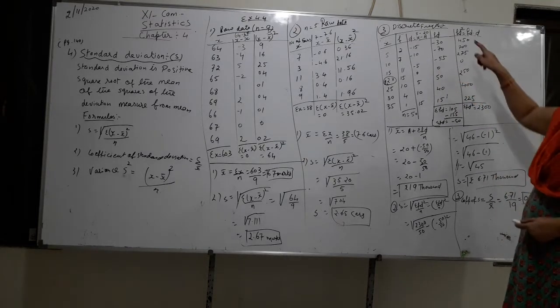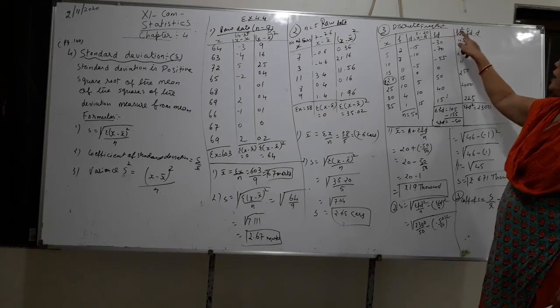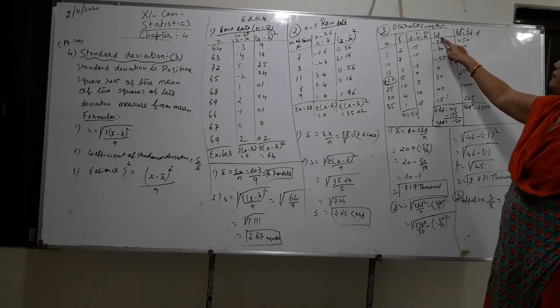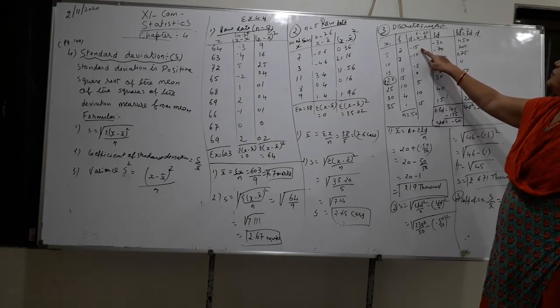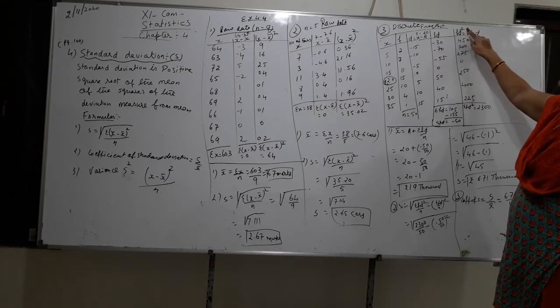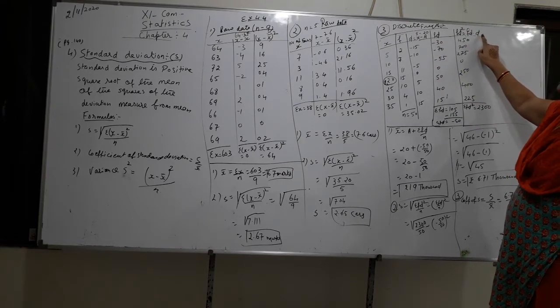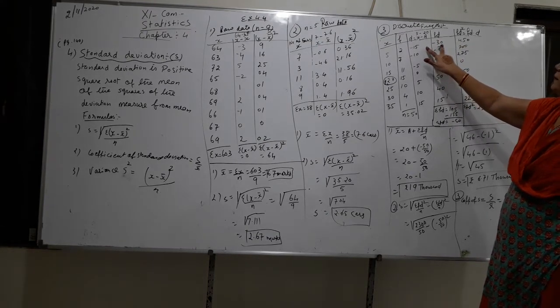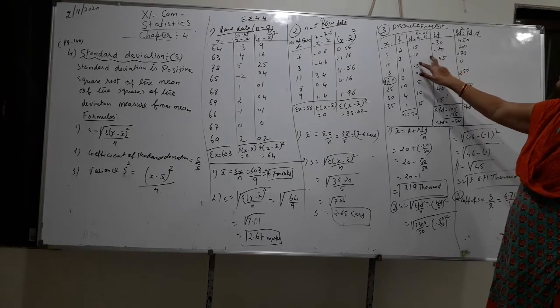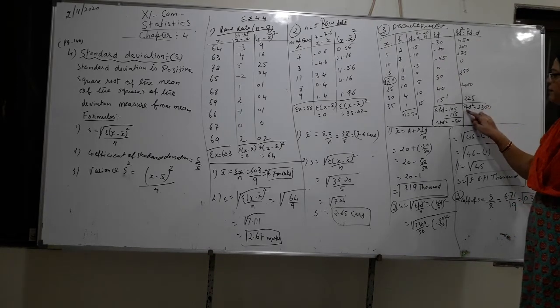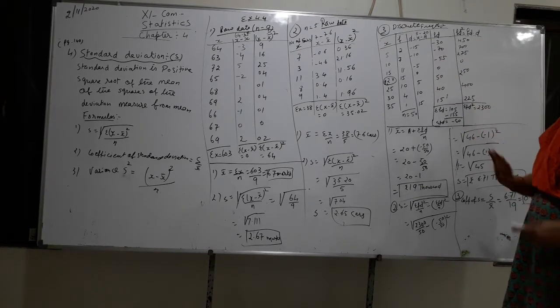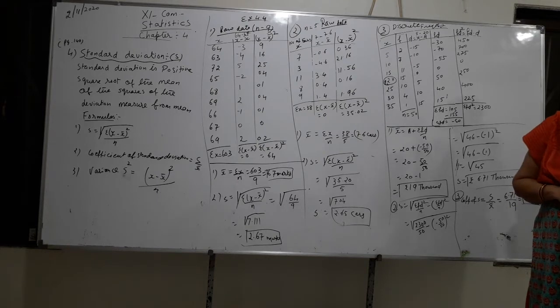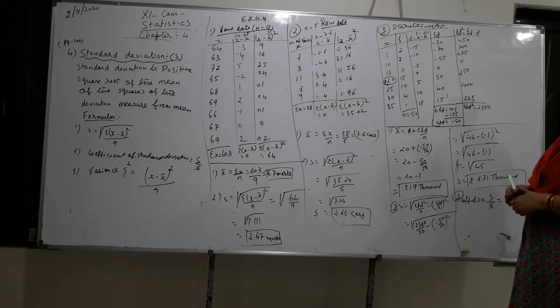Now see, fd square. So fd square means what? This fd and this d. I have written, children, fd square means fd multiplied by d. So this is fd and this is d. These two you have to multiply. When you multiply these two numbers, you will get this, and that will be sigma fd square. So sigma fd you have to find out first, and then sigma fd square.